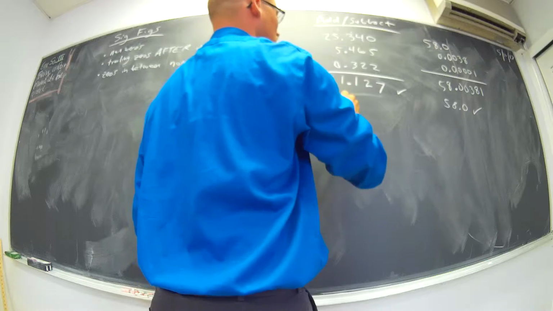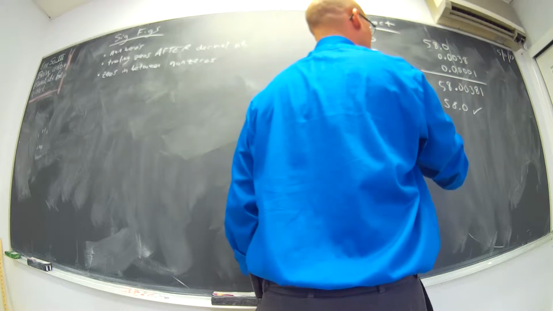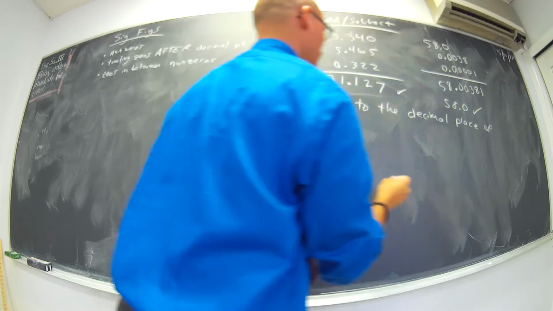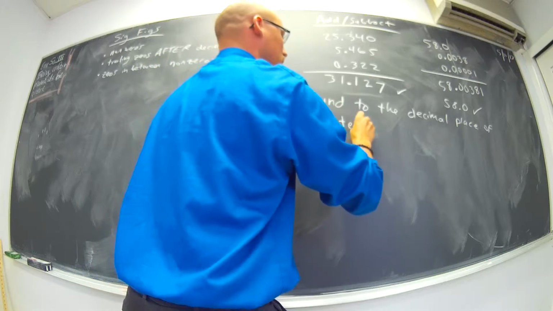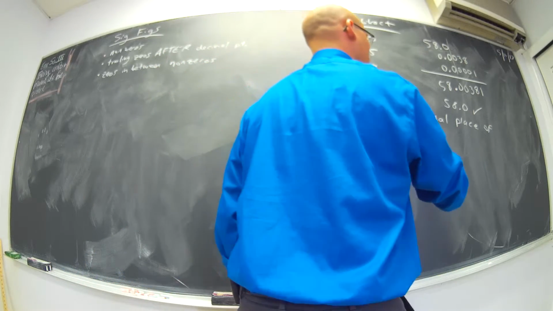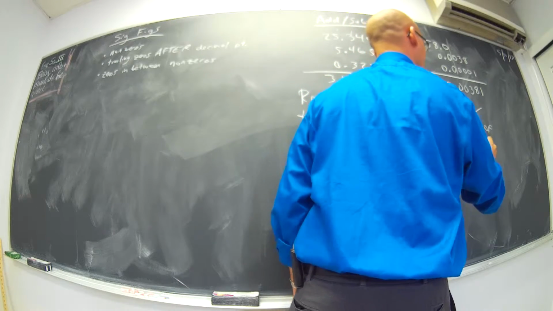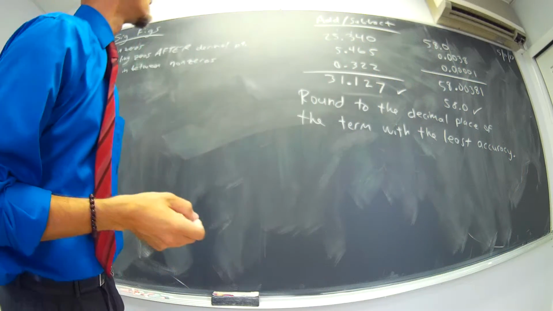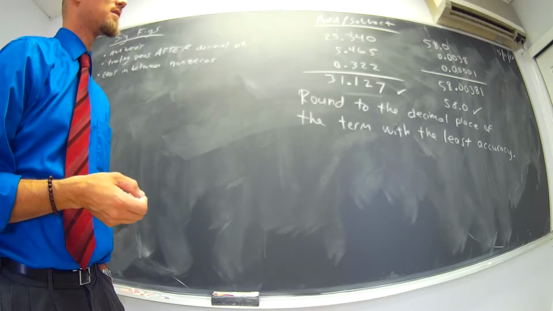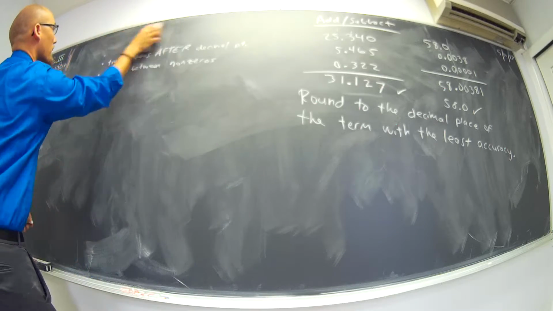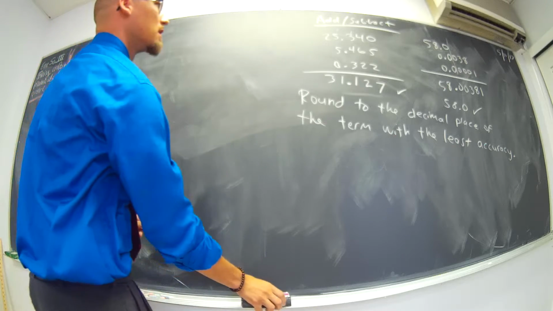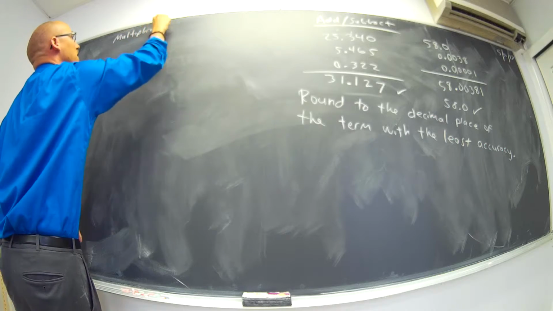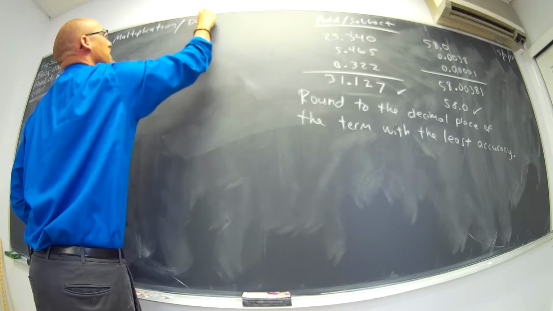Round to the decimal place of the term with the least accuracy for addition and subtraction. Groovy. Multiplication and division.